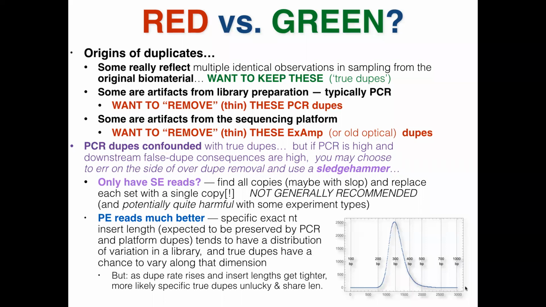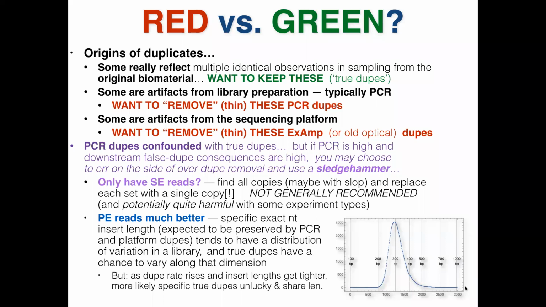So if you have a dupe, if it's a true dupe, meaning independent molecules, then it has a chance to draw twice from this distribution. And the chance that they both come out at exactly, say, 297 is kind of low, because you've got this 100 mer range available with frequent hits.